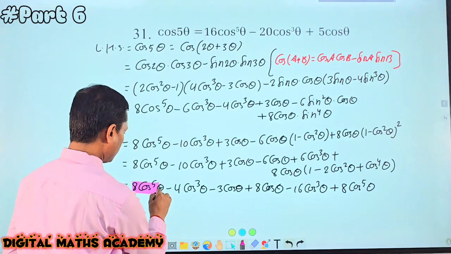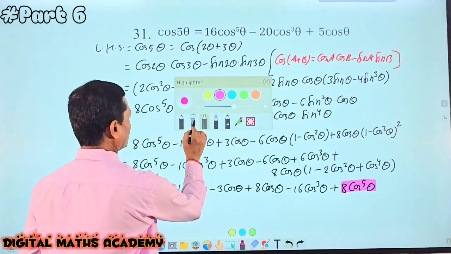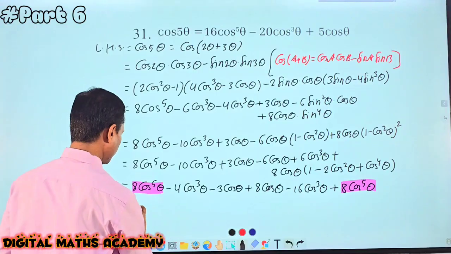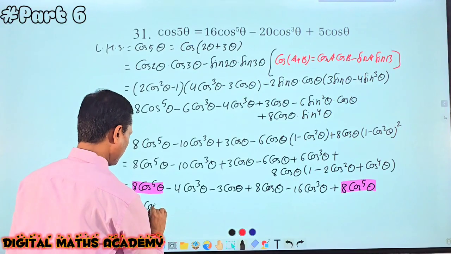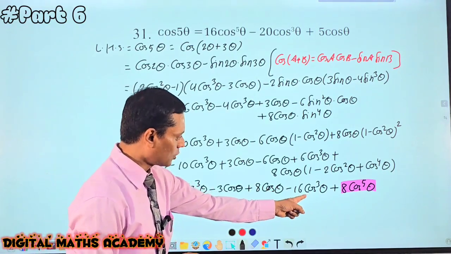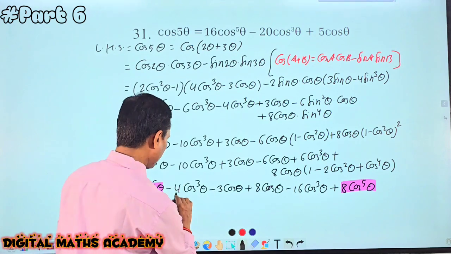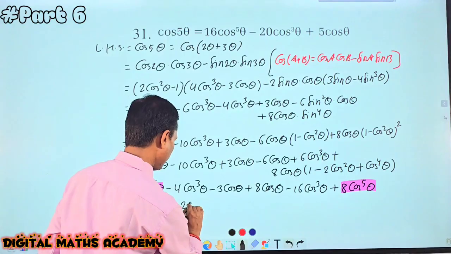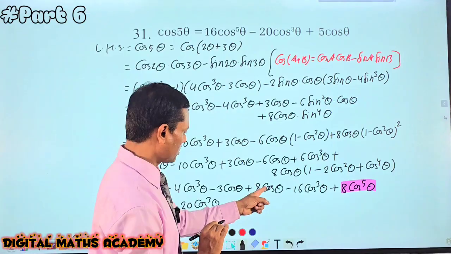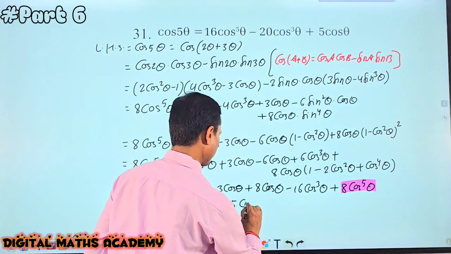Actually 8 cos 5 theta, they are like terms, so we can simplify them. 8 plus 8 means 16 cos to the power 5 theta. Next one, minus 4 cos cube theta and minus 16 cos cube theta, they are like terms, so minus 4 minus 16 becomes minus 20 cos to the power 3 theta, and minus 3 cos theta plus 8 cos theta gives us plus 5 cos theta.